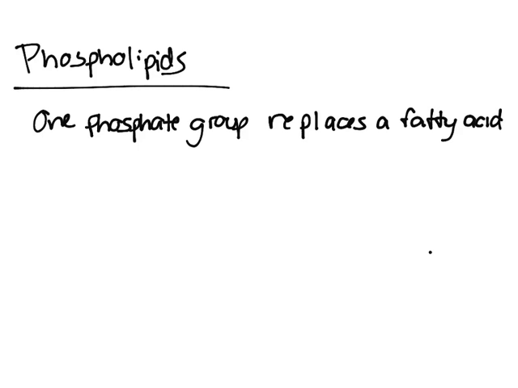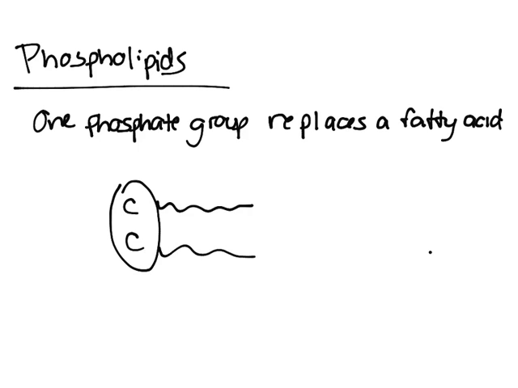So a phospholipid only has two fatty acids. And so, for example, it would look something like this. Two carbons there, and then the tail, and then we'll just use blue for the phosphate group. And so essentially that's what it looks like.